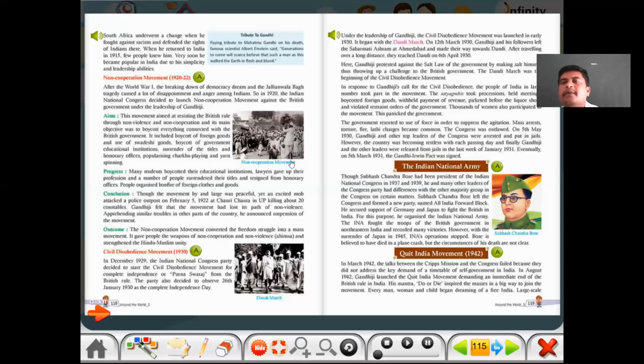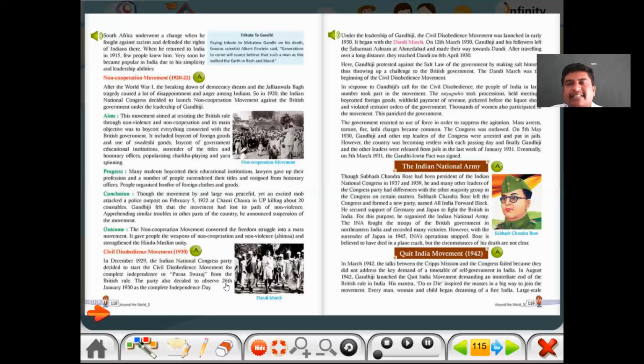Finally, that was a march. They walked on foot and completed their march on April 6th, 1930.